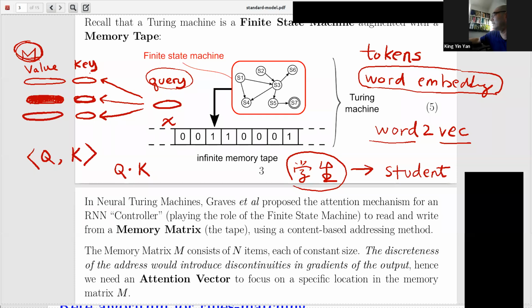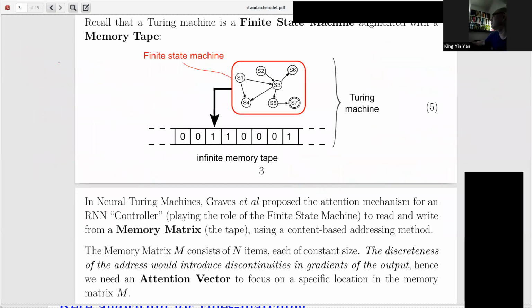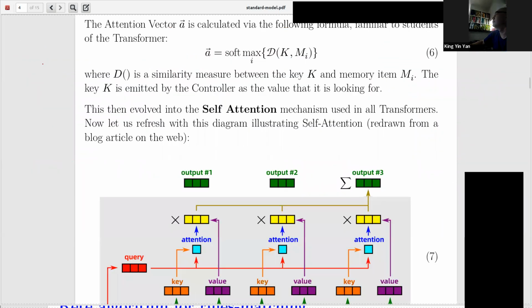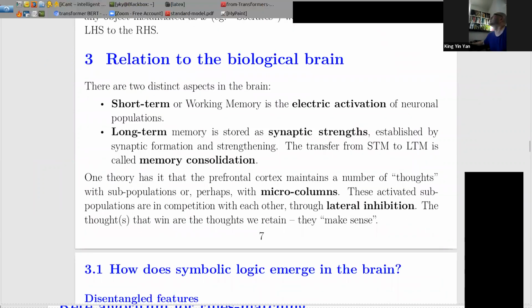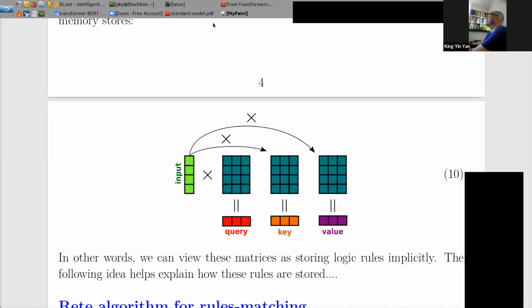Maybe I find another diagram. Maybe this one.